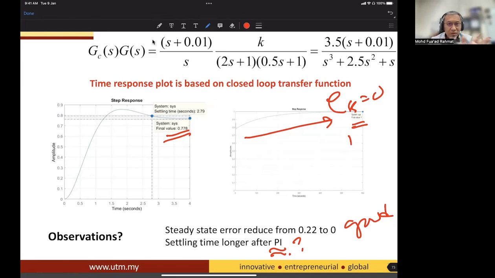The three numbers as I told you just now will definitely give a steady state error of 0, even though it is big or small, but it must be 0.1, 0.01 or 0.001 over S. Did I answer your question? Shukran.